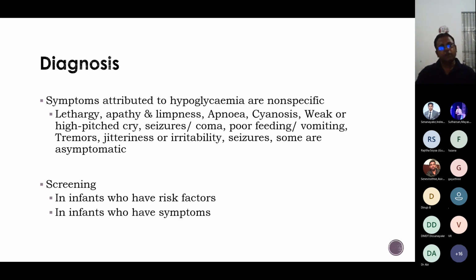This is the diagnosis of hypoglycemia. We have discussed these symptoms earlier, and we have to screen children who have risk factors and others who have symptoms.